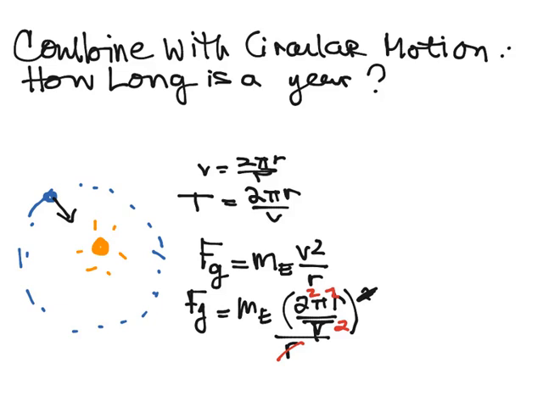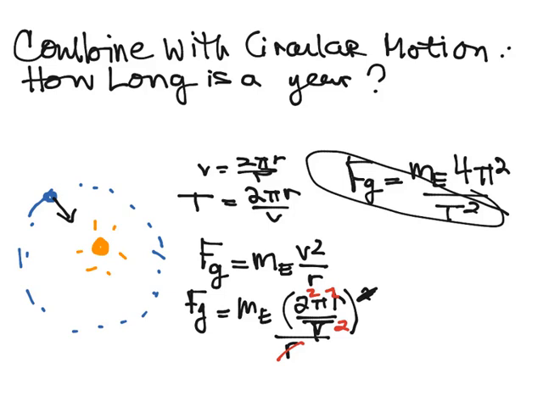Okay, now I have Fg is equal to the mass of the Earth times 4 pi squared divided by t squared. I'm going to cross multiply.